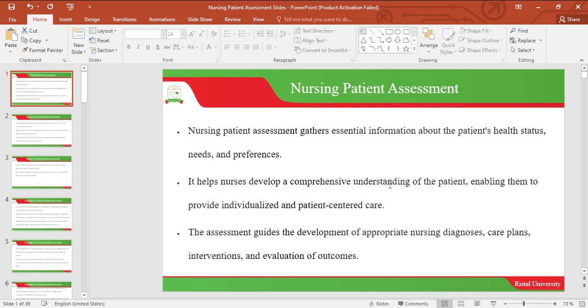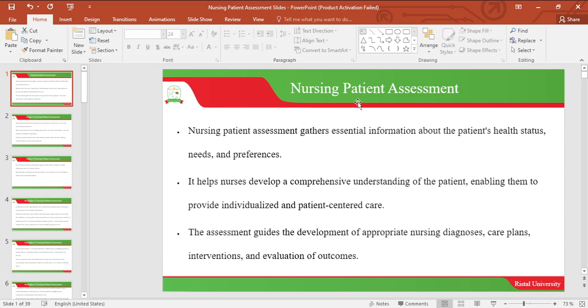So the nursing assessment guides the development of appropriate nursing diagnoses, care plans, interventions, and evaluation outcomes.